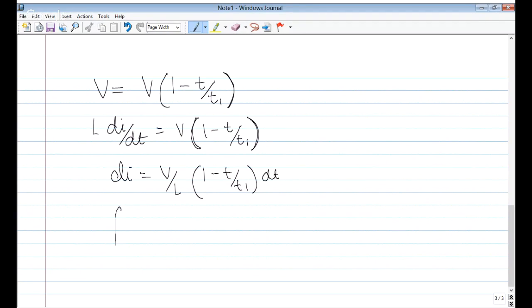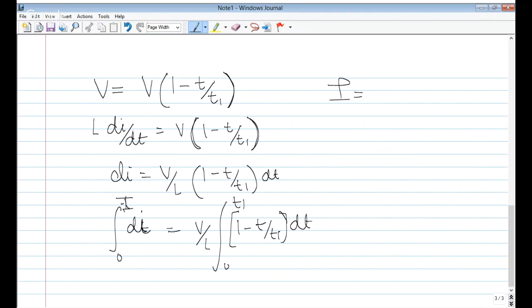Now it says that the current increases to I in a time of T1. So di is V by L, 1 minus T by T1, dt from 0 to T1. What I am saying is the current through the inductor is increasing from 0 to I in a span of 0 to T1.